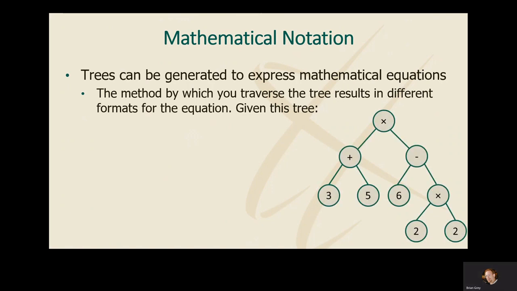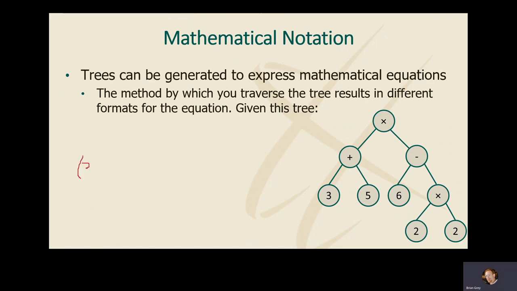So how we traverse this tree is going to determine what format the equation is. Hey, and we've already seen a different format for this, right? This equation specifies, let me get my pen out.